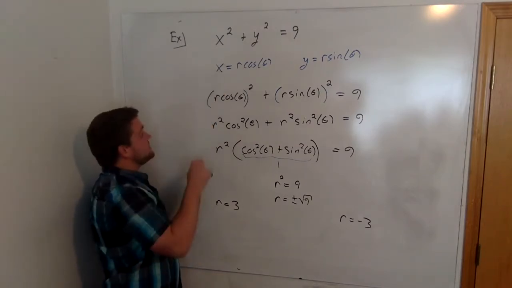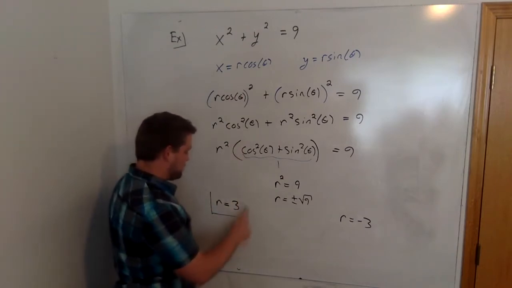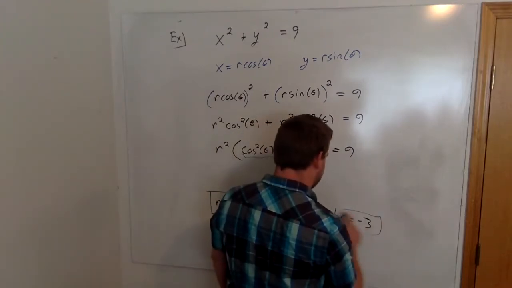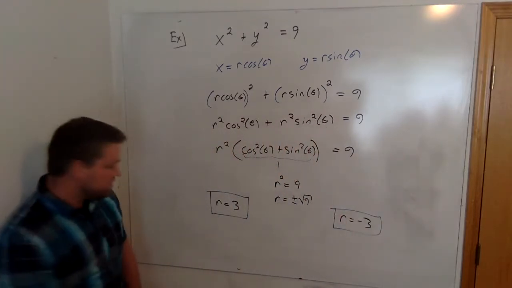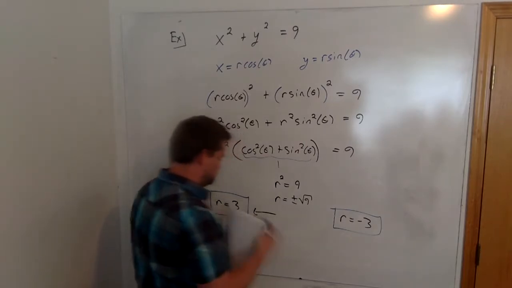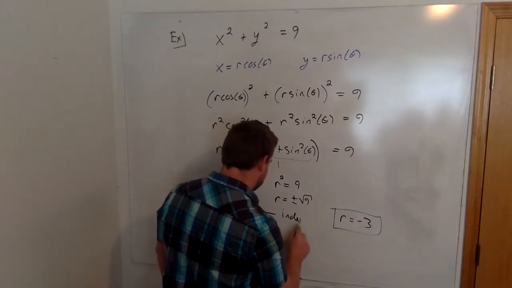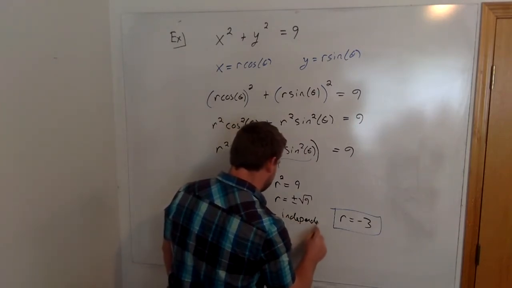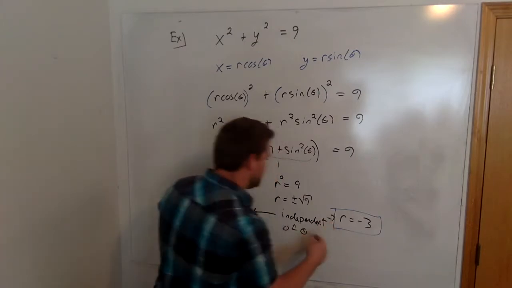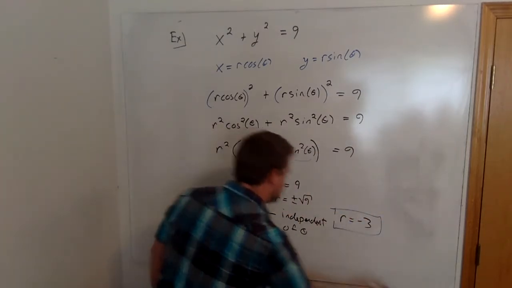So here I'm claiming that x squared plus y squared equaling 9 is equivalent in polar coordinates to r being 3 or r being negative 3. Notice that these are independent of theta. So really what this is saying, if we're drawing this, okay, I'm going to draw this picture here.